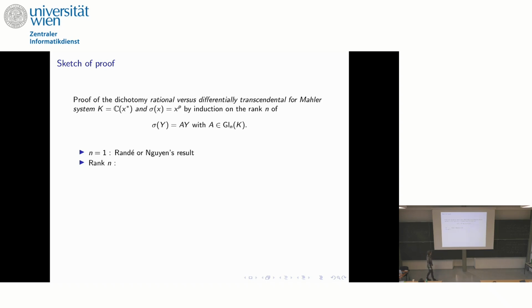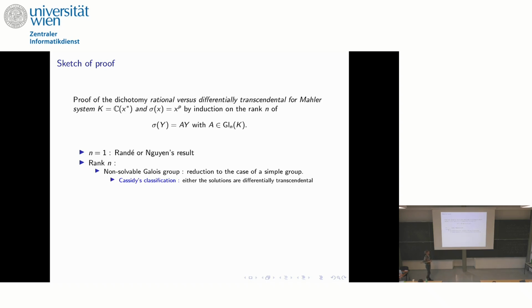So let's move to the rank n. I can assume that there are two cases. Either the classical Galois group of this equation is non-solvable. Then it must have a simple quotient, and we can reduce to the case that this equation has a simple Galois group as classical Galois group.